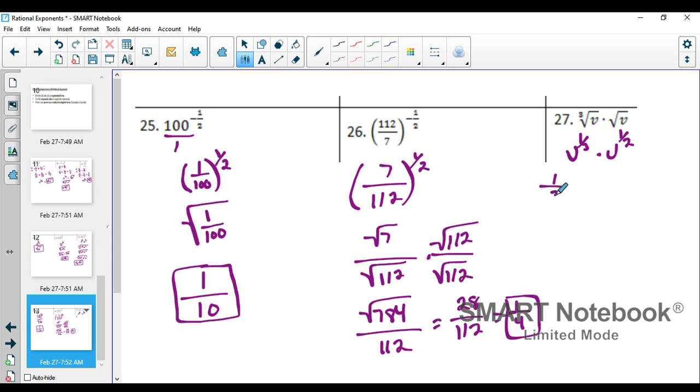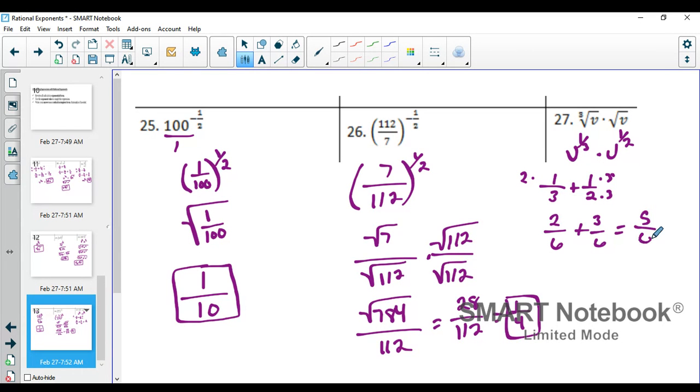So we have 1/3 plus 1/2. So their common denominator is 6. So the 3 to get 6 is multiplied by 2. So this is 2. Multiplied this by 3. So we have 3/6. So 2 plus 3 is 5.